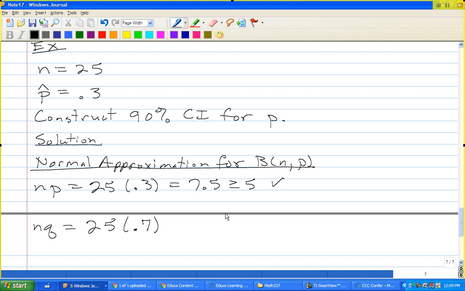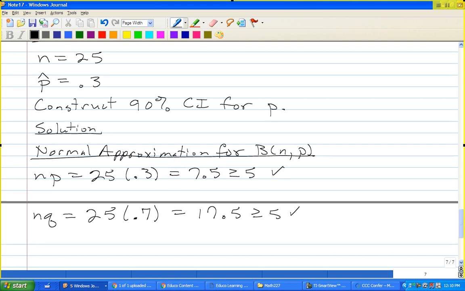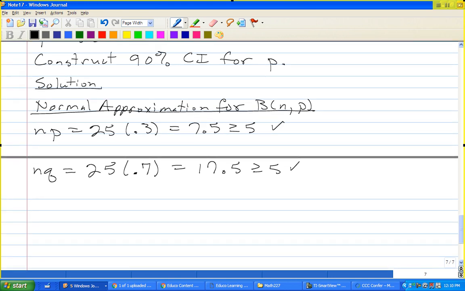So if there's 30% chance of success, there's a 70% chance of failure. And so I get 17.5. Not too bad, not too good. And so this is also greater than or equal to 5.